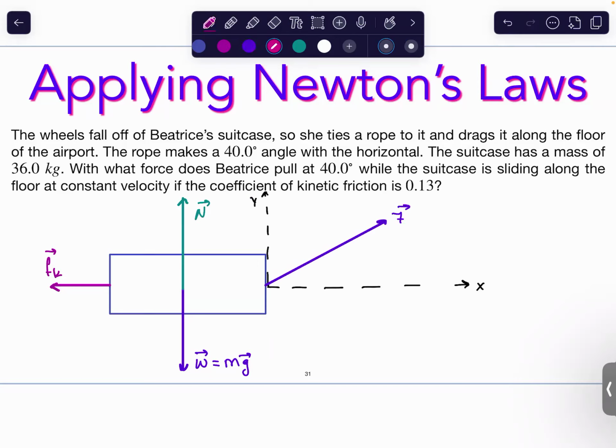We're going to have a force that pulls the suitcase at an angle of 40 degrees. Yeah, we could represent that as a tension, but the tension is going to equal the force, so we're just going to represent it as that.